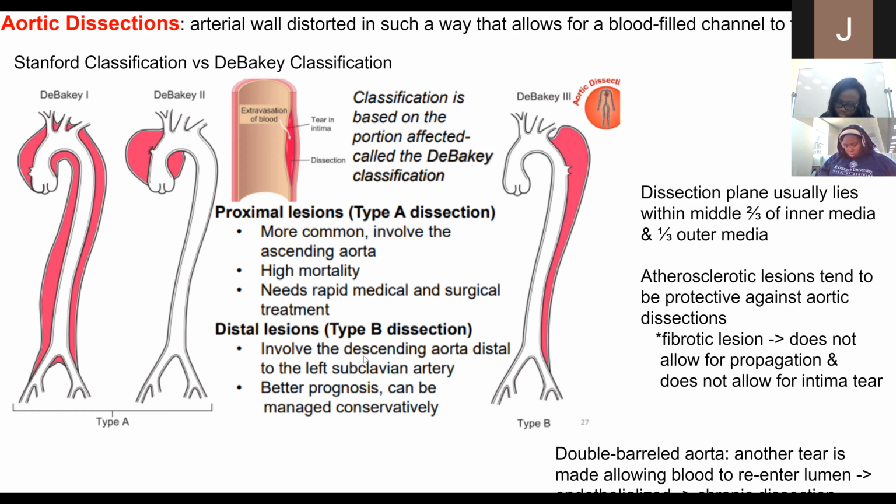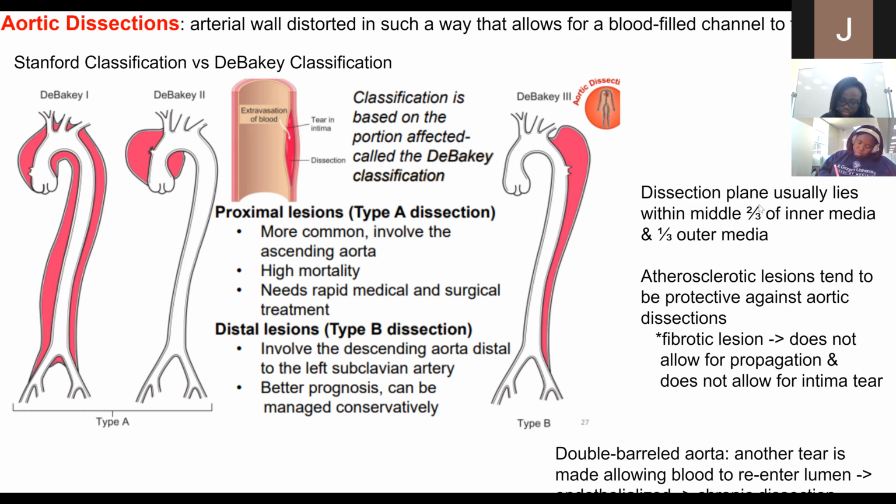And then in type 3, it starts in the descending and then it just goes down, right? So again, descending, not too worried about it. Usually we're just going to give medical therapy for it, right? Beta blockers and all that good stuff. So that's the classifications. If you have any questions about that, just try and group them in your head. I'm sure you guys will get it though.